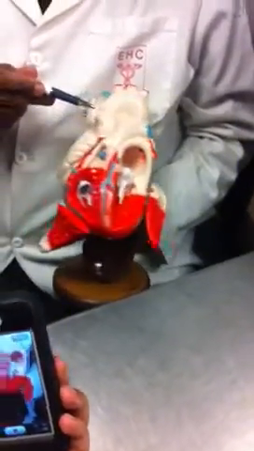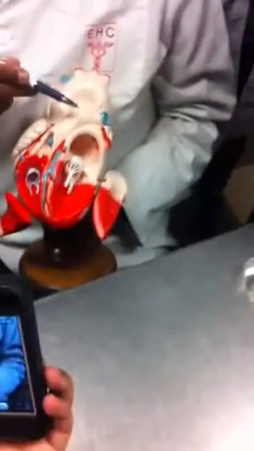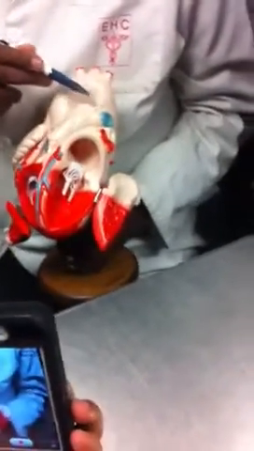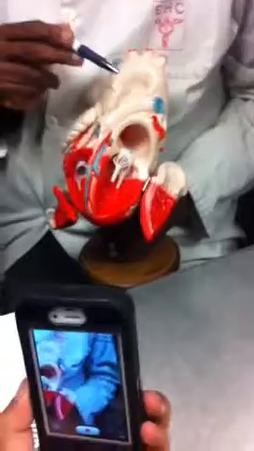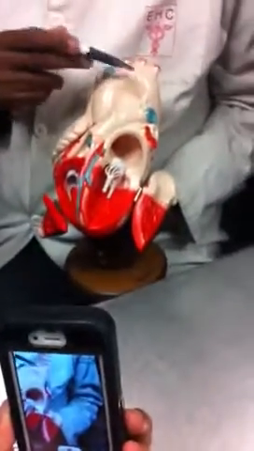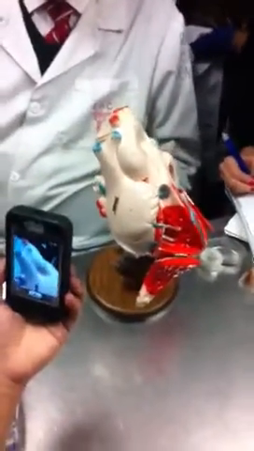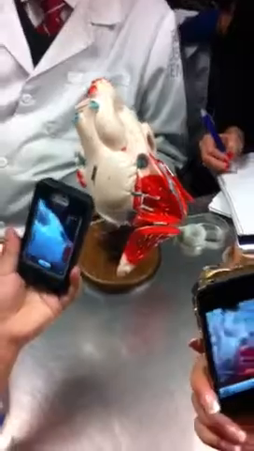This is the pulmonary trunk, right here, and it bypasses the pulmonary arteries. When it reaches this point, the ductus arteriosus will carry the blood from the pulmonary trunk to the aortic arch, bypassing the lungs. Any questions?